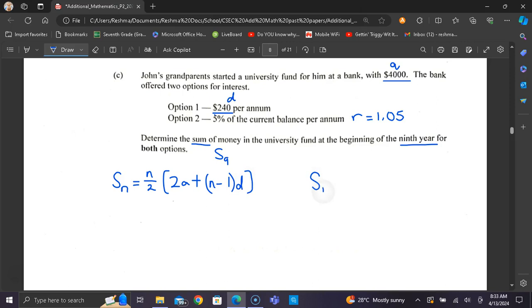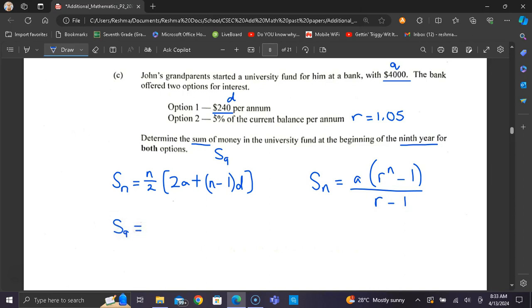And for a geometric series, Sn is equal to a, and in this case, since r is more than 1, it will be r to the power of n minus 1 over r minus 1.